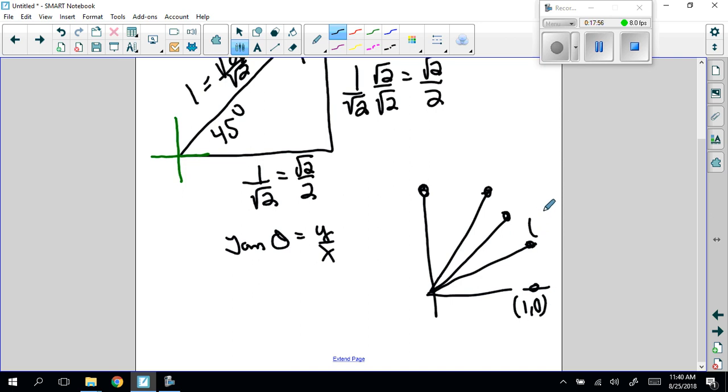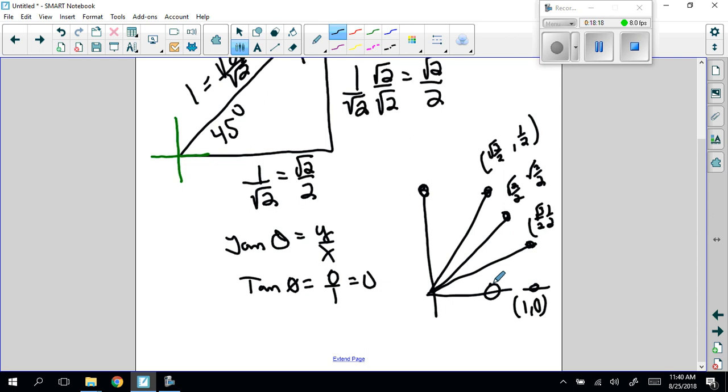Now, I know this y value is 1/2, and this is the square root of 3 over 2. This is the square root of 2 over 2, square root of 2 over 2. This y value is 1/2, and that's the square root of 3 over 2. So we know tangent of 0 is 0 over 1, which is 0. So there's a 0 there.